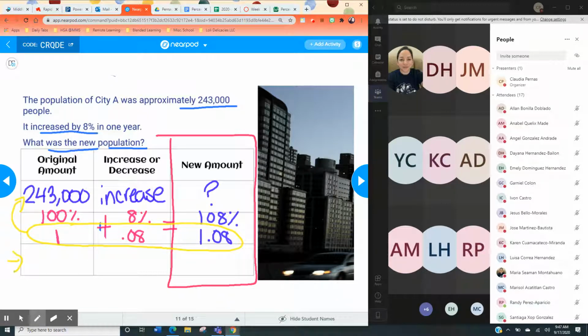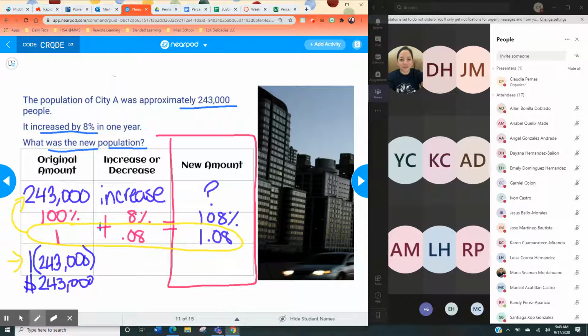For the first one, I'm going to do 1 times 243,000. And when I multiply any number times 1, it's going to give me the same number. So I know that my answer here is 243,000.